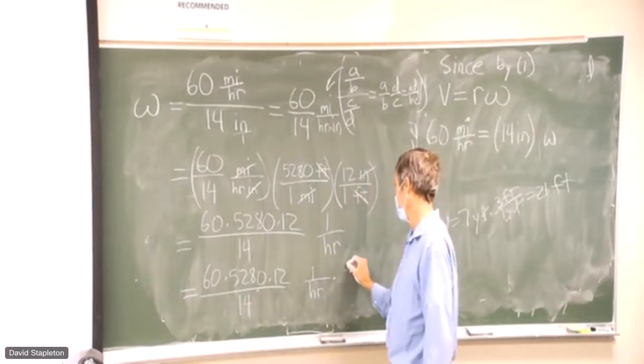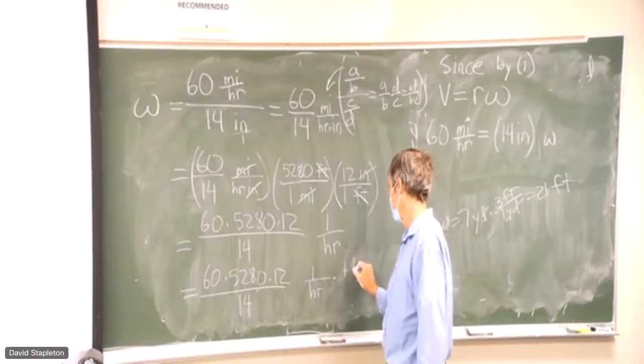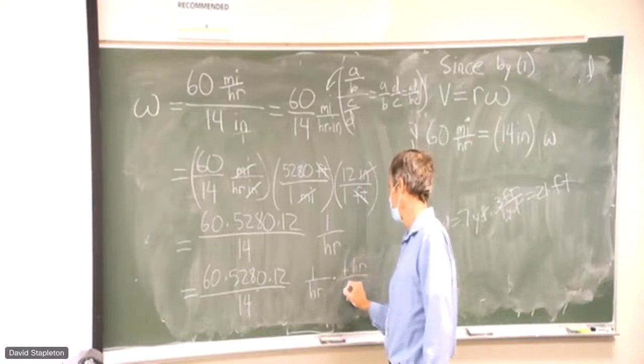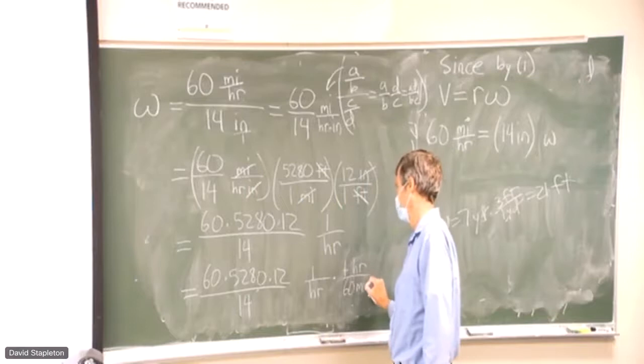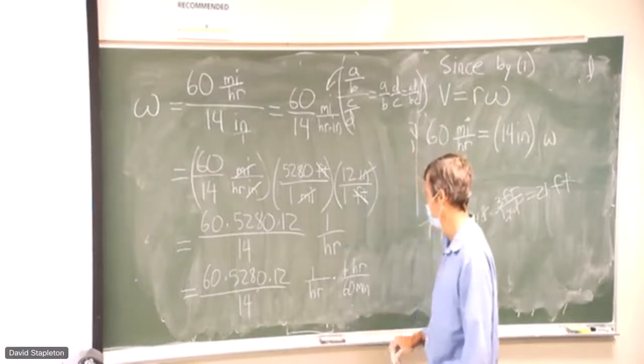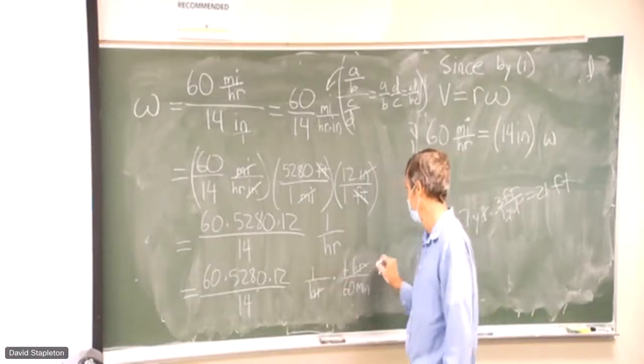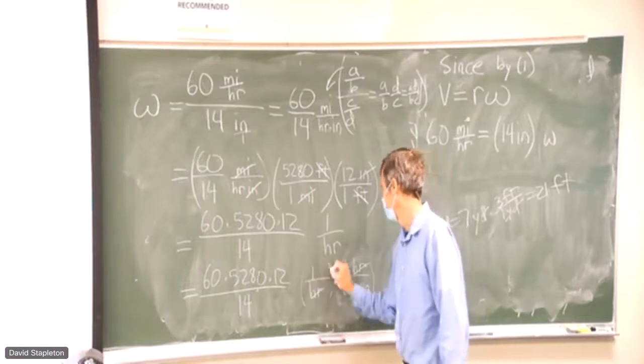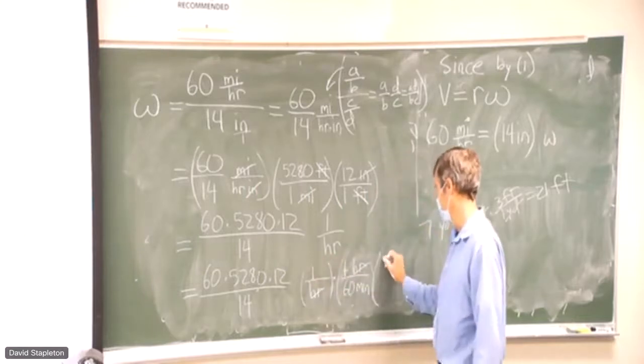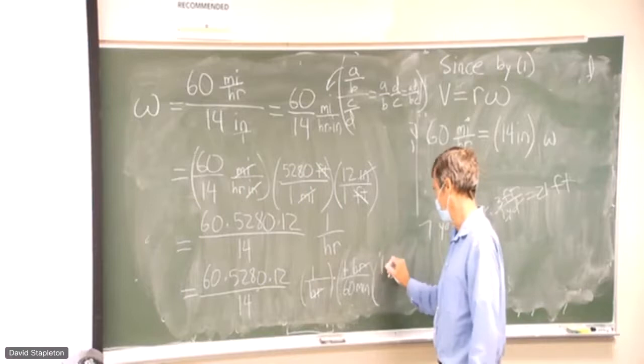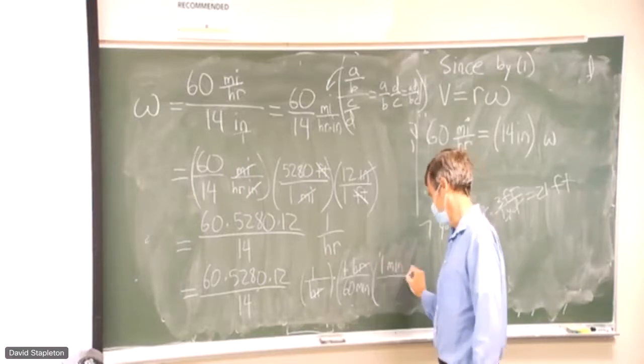I can multiply that by 1 hour for every 60 minutes. And then I'll cancel the hours. Now I've got minutes. And I multiply that by 1 minute for every 60 seconds.